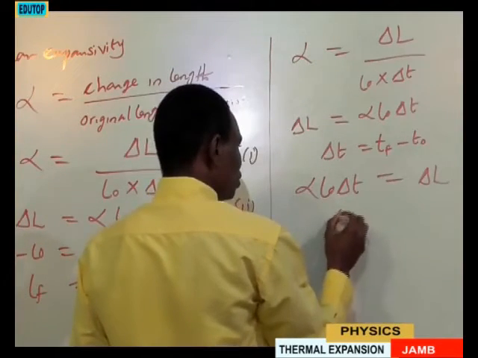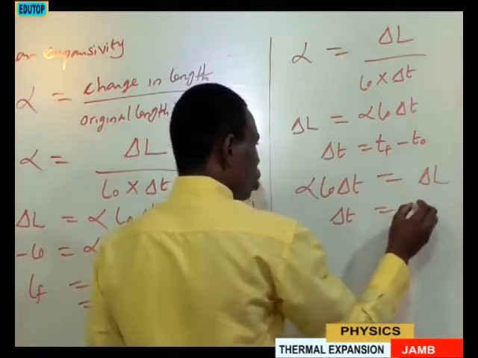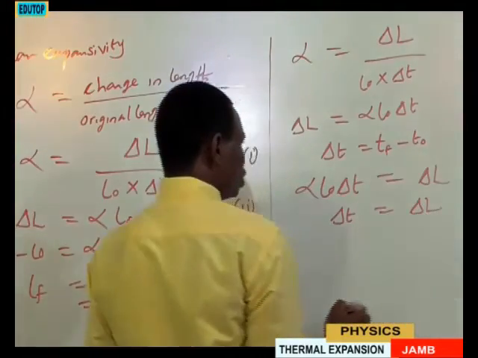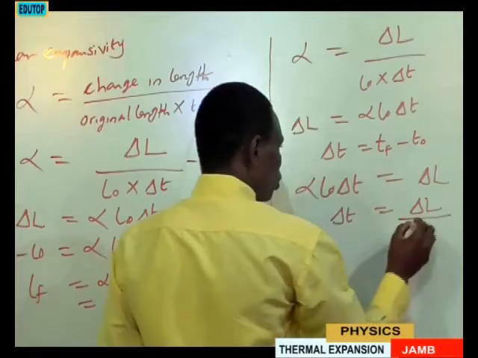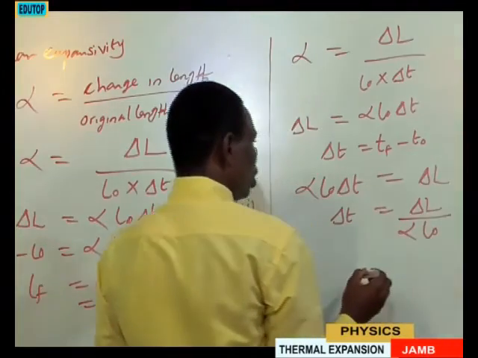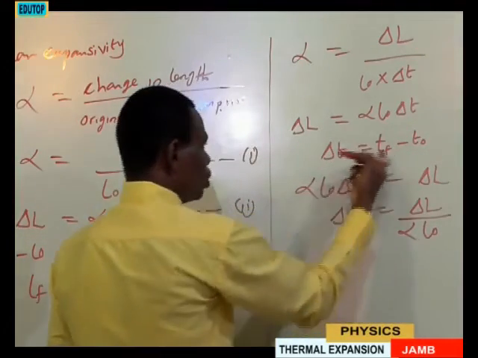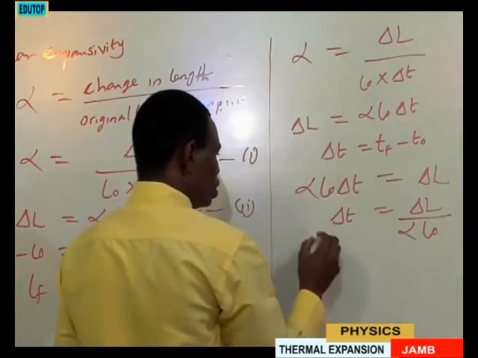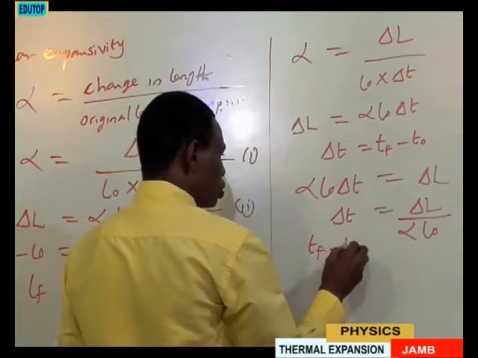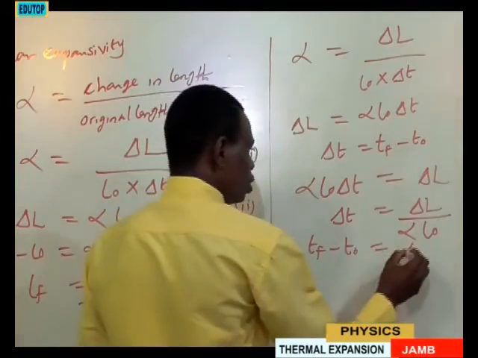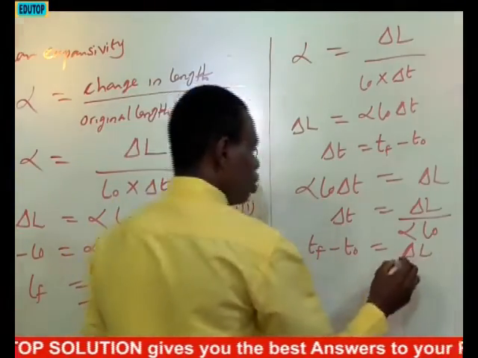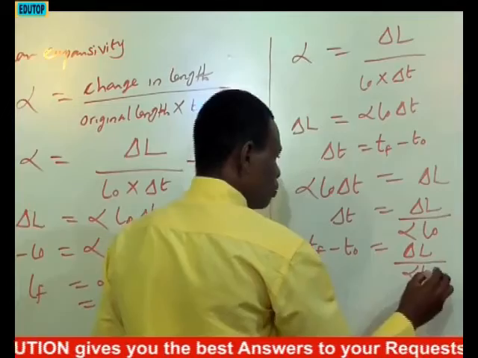Let's make change in temperature equal to change in length divided by linear expansivity times L naught. So let's introduce the value of this, which is final temperature minus original temperature, equal to change in length all divided by this.